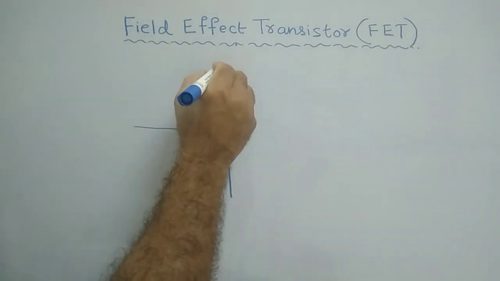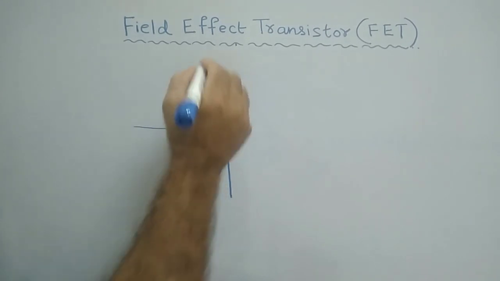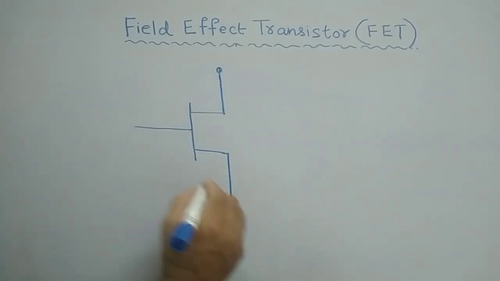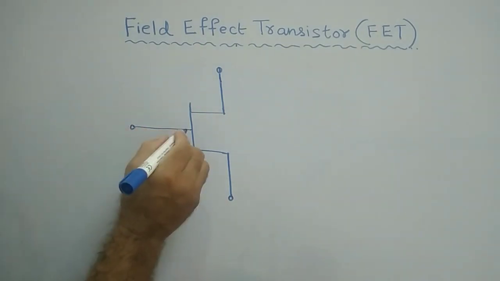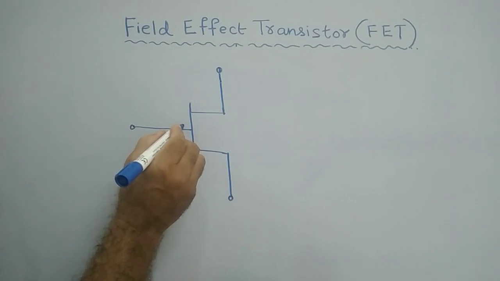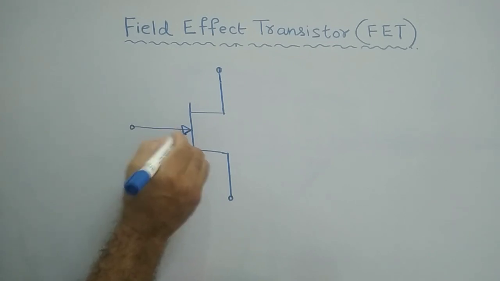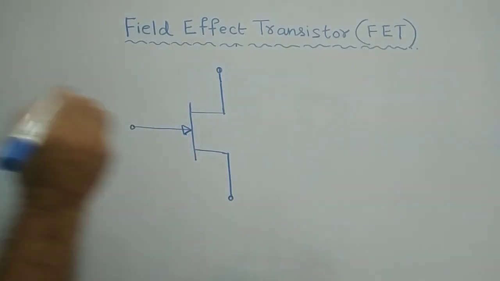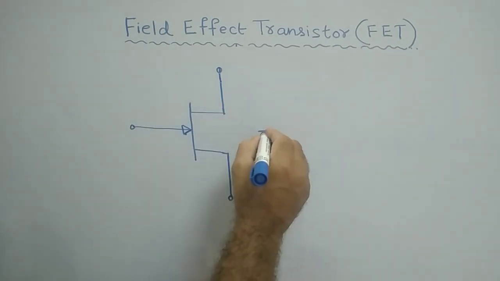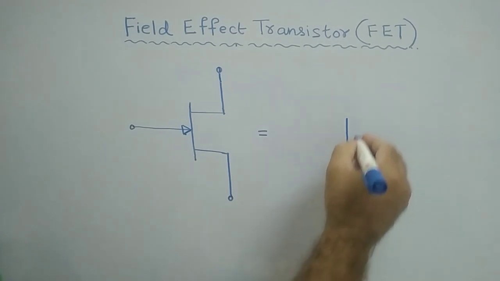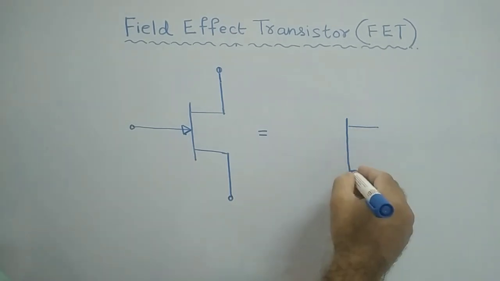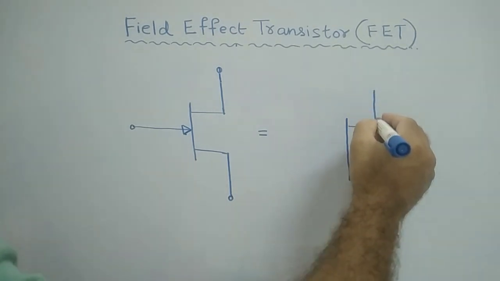It is again a three-terminal device. This is one terminal, this is another terminal, and this is another terminal. Observe clearly here: I can represent the arrow mark like this, or equivalently I can show the arrow mark here also.